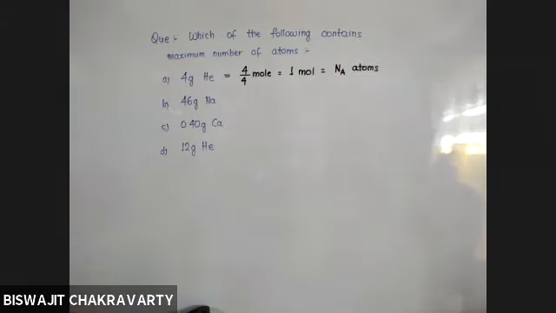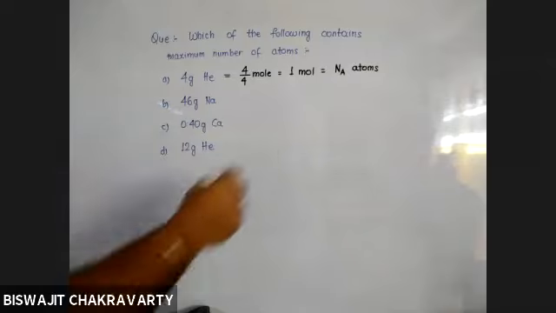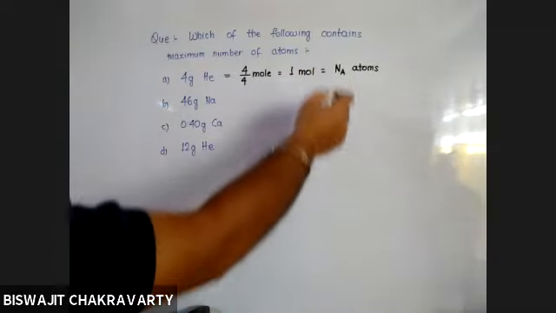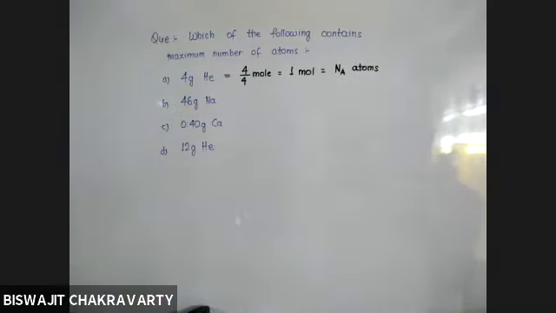Yes, sir. So let the answer be in terms of Na, because Na will be common in every case. Just for the purpose of comparison, you need not put in the Avogadro's number value. For comparison, let every answer be in terms of Na and tell me which will be the correct answer.